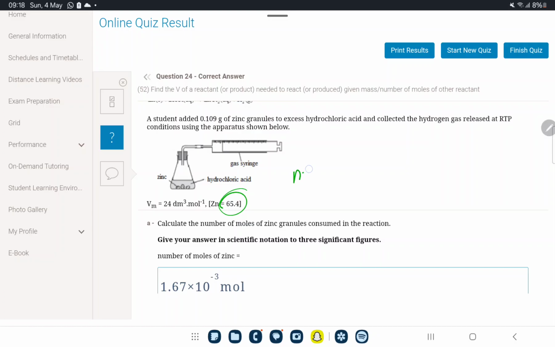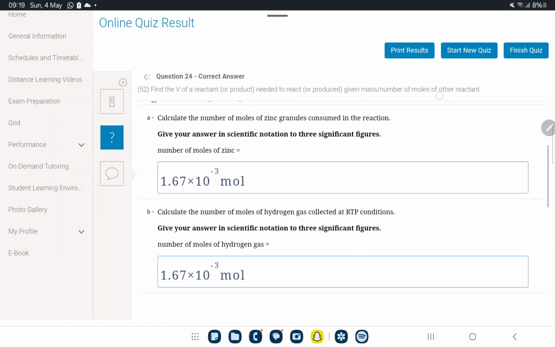To find the moles, n equals m over M, equals 0.109 over 65.4. Put this in your calculator. You get 1.67 times 10 to the power of minus 3. They want 3 significant figures. It's already 3 significant figures, so part A done.